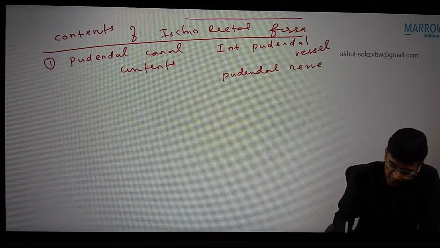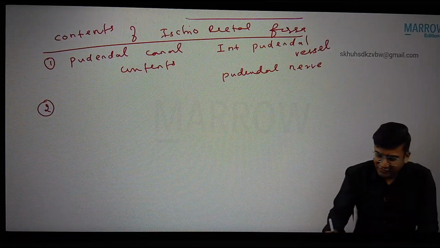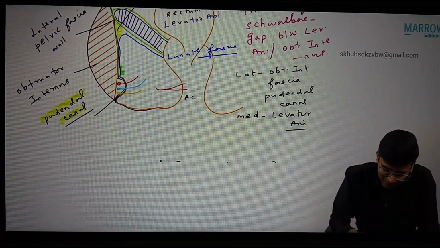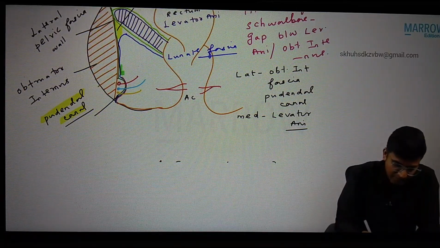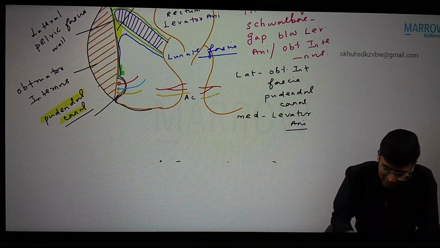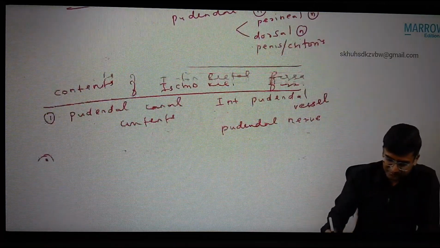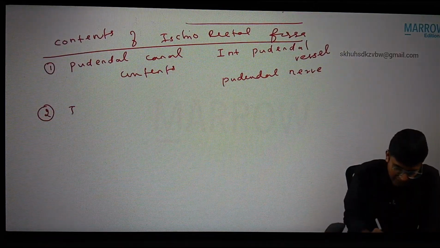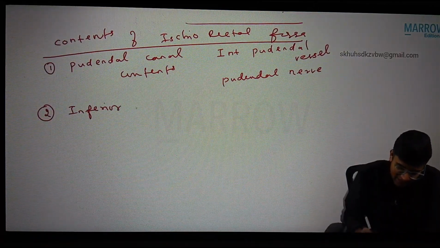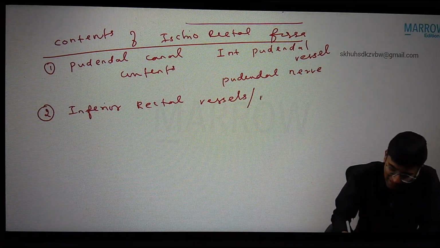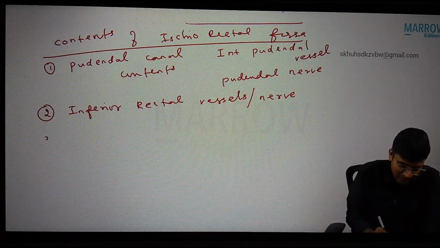Number two, inferior rectal vessels and nerve, which supply the lower part of the anal canal.